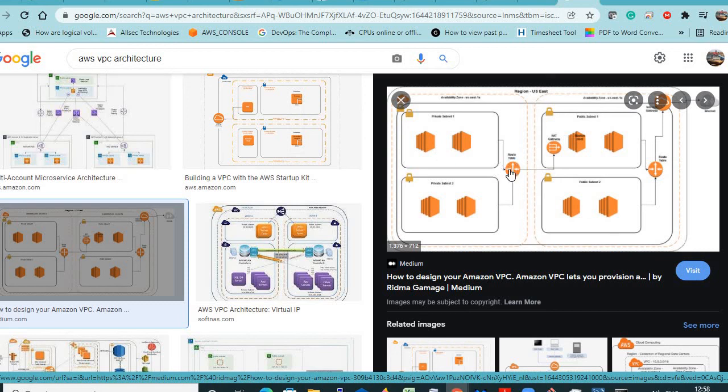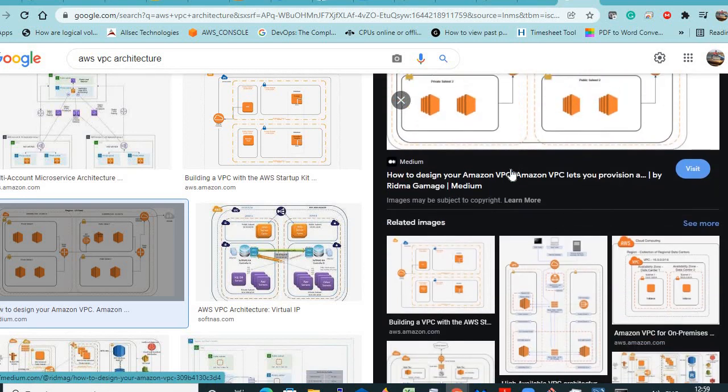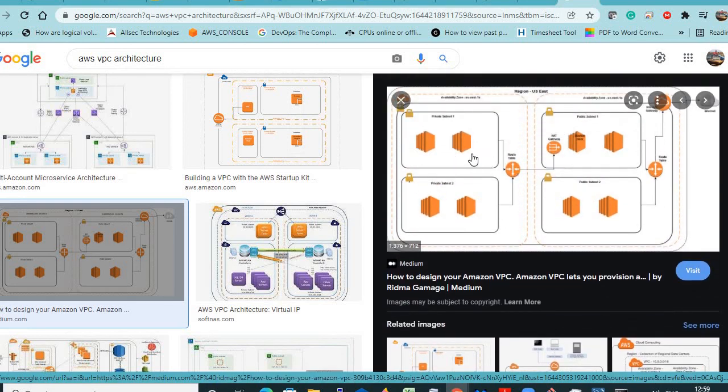See, there is a router. There will always be a router. You take any network for that matter, there will be a router which is going to forward the packets from one node or one VM to another VM within the network or outside the network.